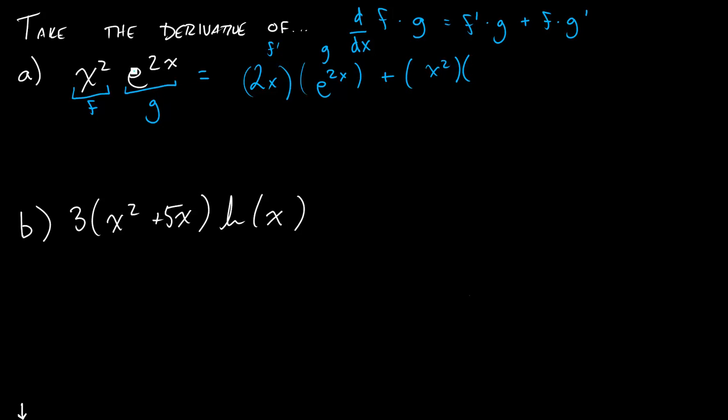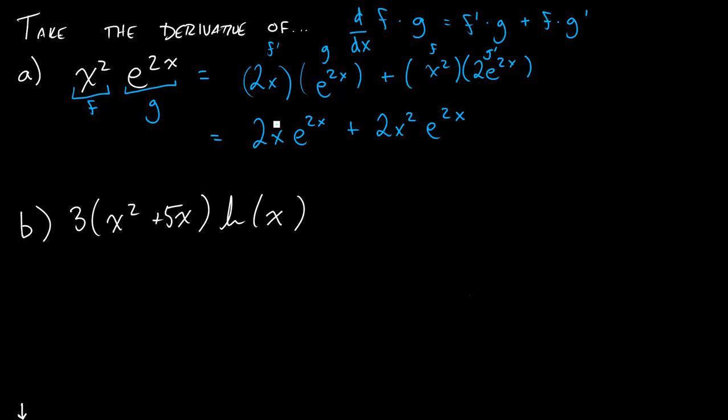times g prime. So g prime: this is e to the kx, so the derivative of that is k e to the kx, or 2e to the 2x. Again, this is f, and this is g prime. If I write all this without parentheses, simplified a little bit, I get 2x e to the 2x plus 2x squared e to the 2x.